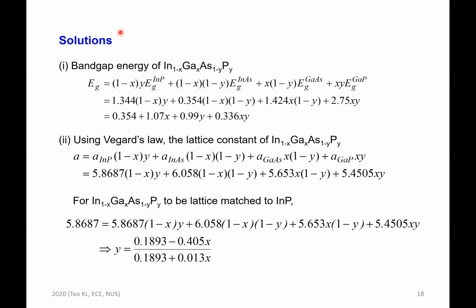And this equation itself is derived based on the fact that indium gallium arsenide phosphide is lattice matched to indium phosphide. So when we put Y equals 0, it becomes indium gallium arsenide lattice matched to indium phosphide.